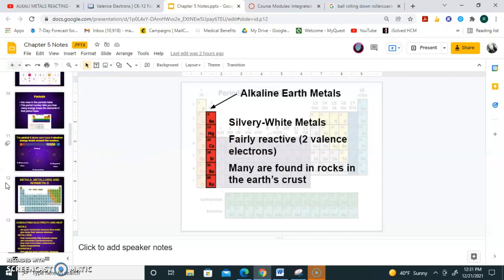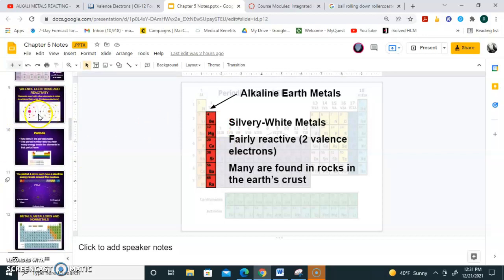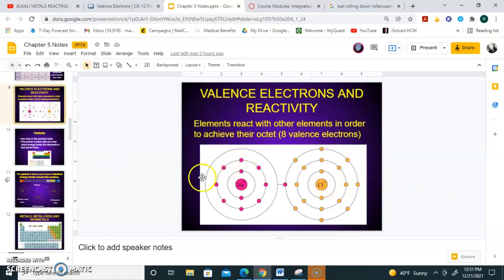And if you are not sure what that means, remember to go back to this slide example right here where we looked at sodium, and we saw how sodium, being an alkali metal, had 1 valence electron, meaning 1 electron in this outer energy level. And it really wants to give that away, as shown here.